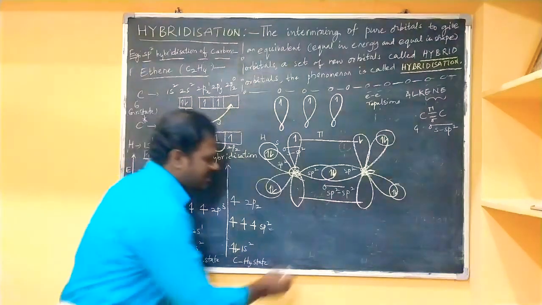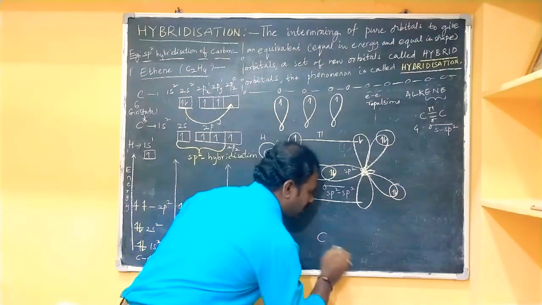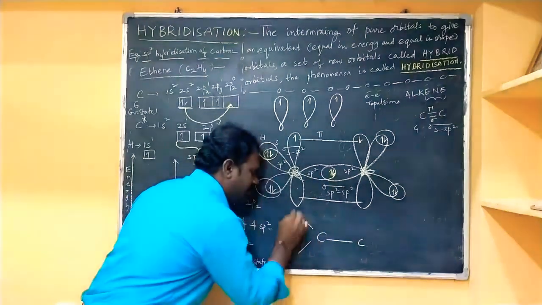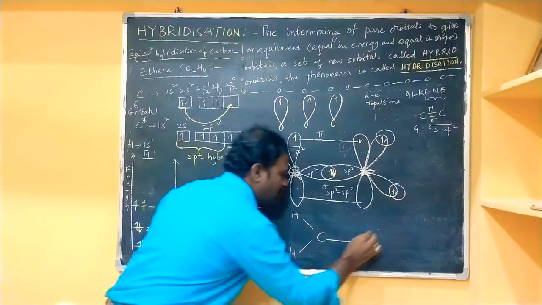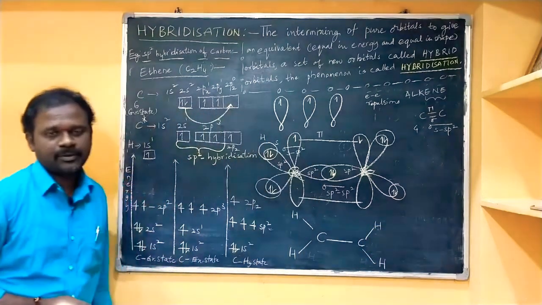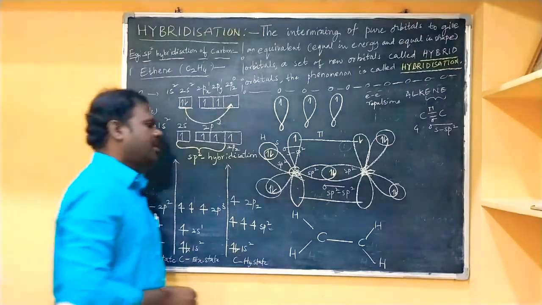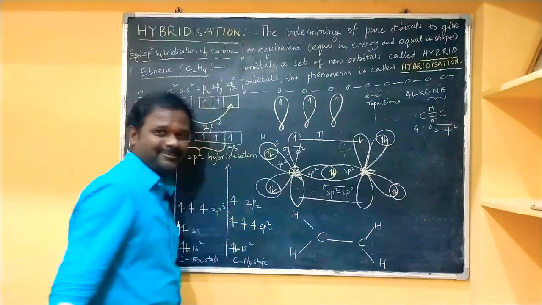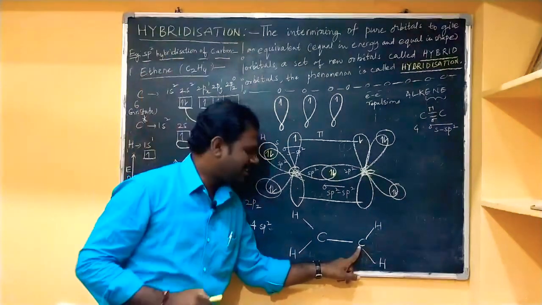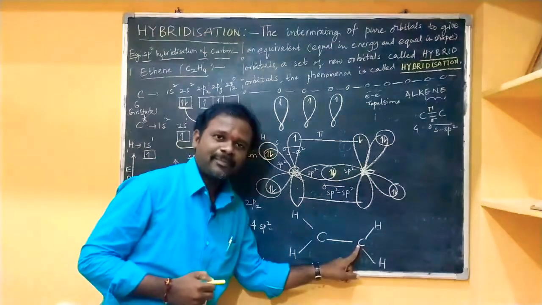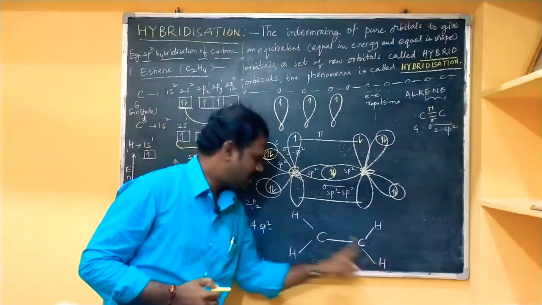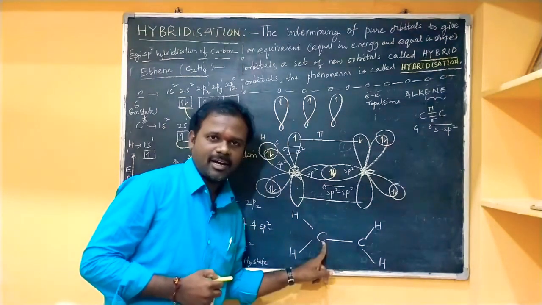Okay, we can represent the structure of the ethene molecule. There is a sigma bond between carbon and carbon, and carbon bonded to hydrogen, four times. They look like a fan. At the center, like the motor, is the carbon with three wings. One wing is hydrogen, another wing is hydrogen, and another wing is carbon.